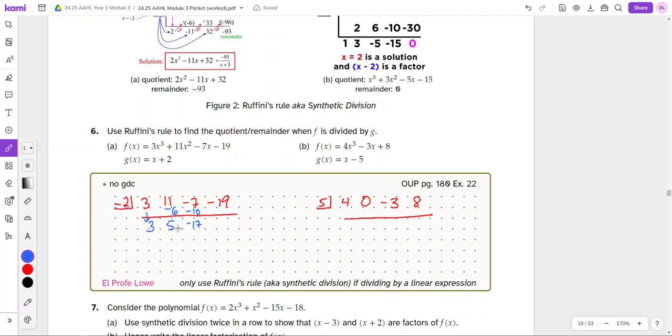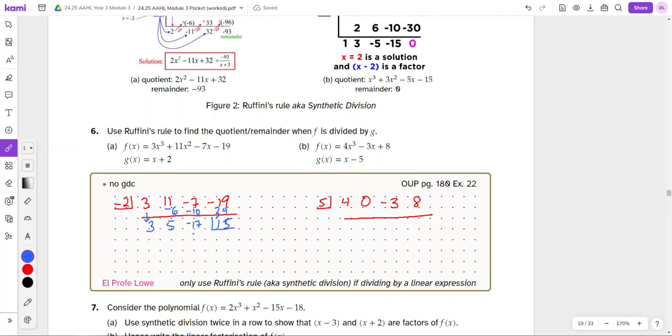Then I will multiply once again, -2 times -17, that would be +34. Then +34 and -19, if I add that, that's going to be 15. So this at the end is my remainder.